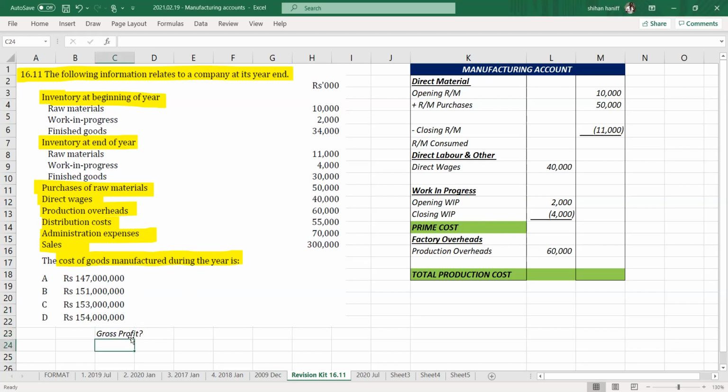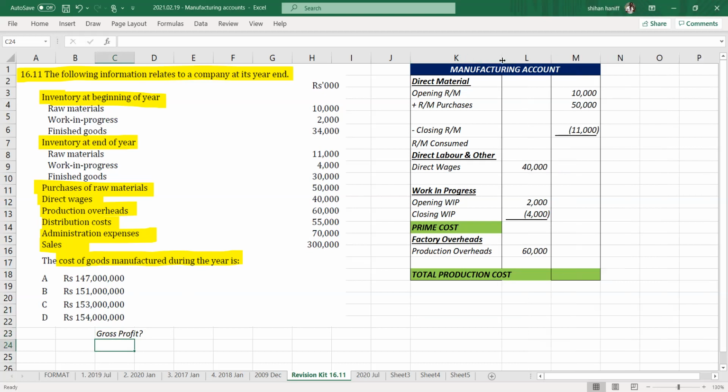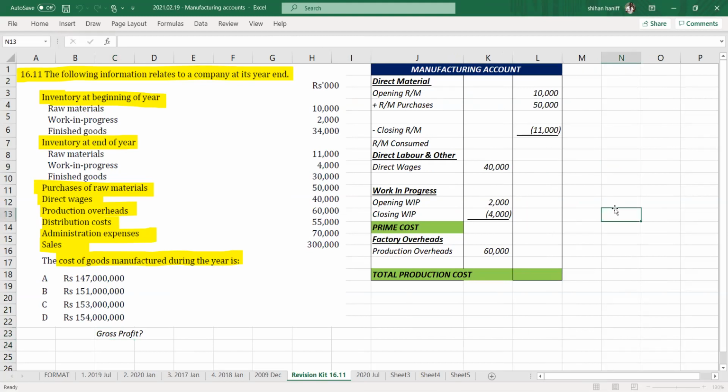How much is the gross profit? How much is the cost of goods manufactured during the year? You can also calculate the net profit.